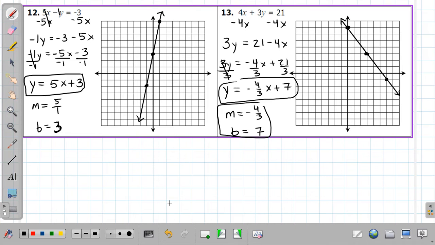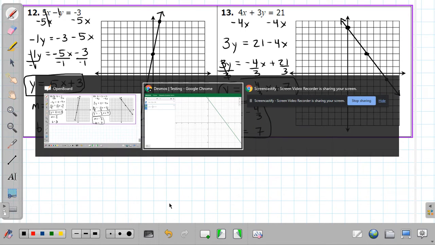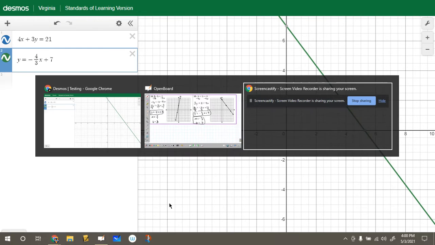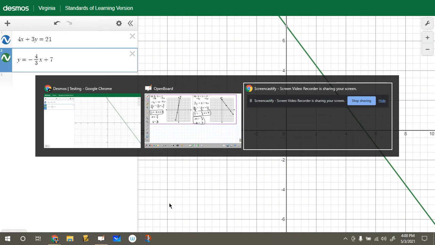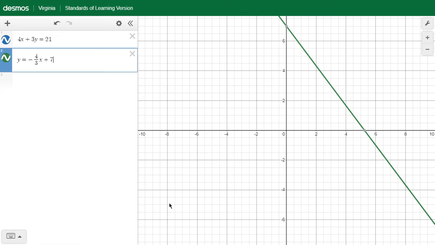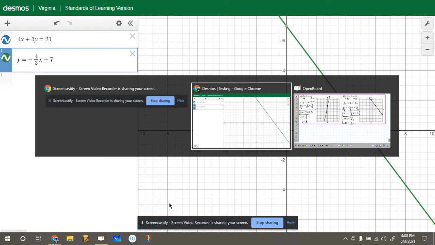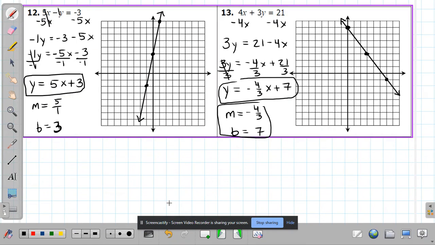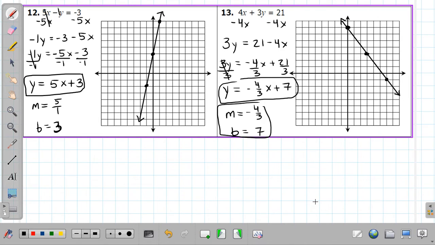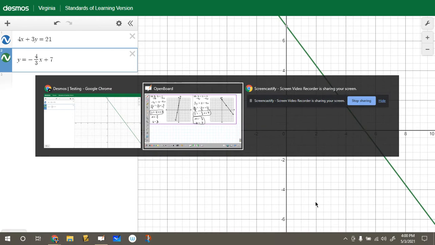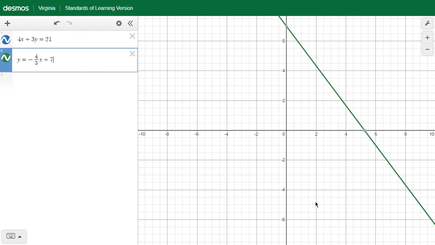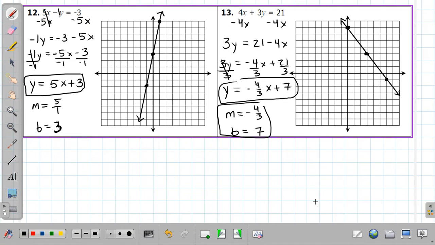Once again, it's not going to be perfect, but you can verify and say, well, look at this one versus what we just did. Looks pretty good to me. Let's hide that again. And if all else fails, just look at some points.